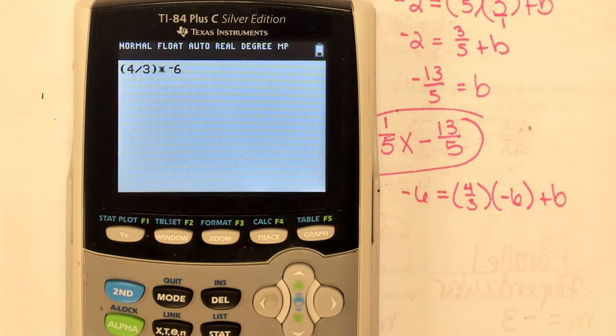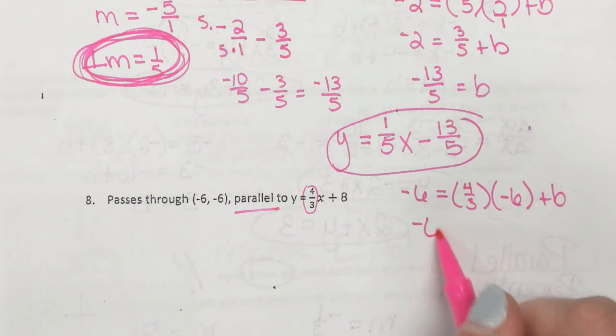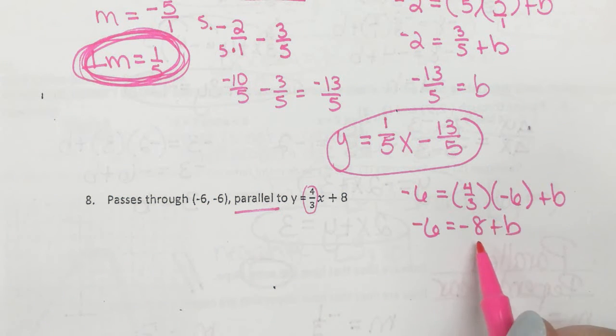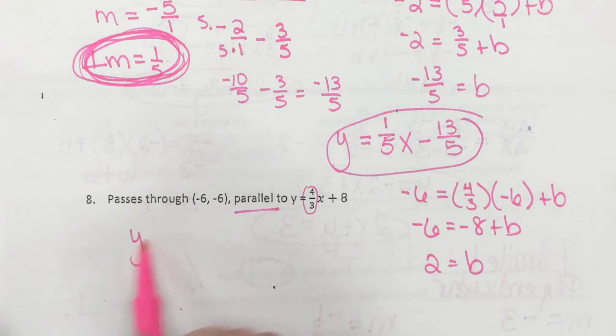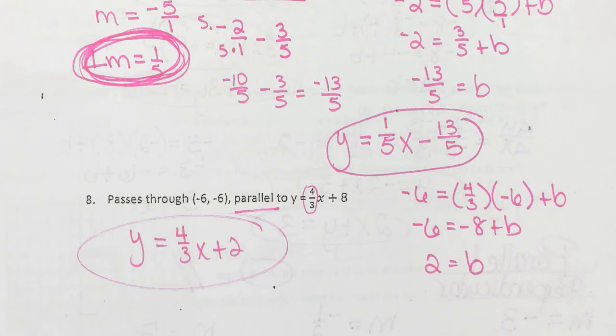What you get? -8. Beautiful. Very nice. And then add that 8 over, and you get 2. Perfect. So 4/3 x plus 2. That okay? Yeah? Sweet.